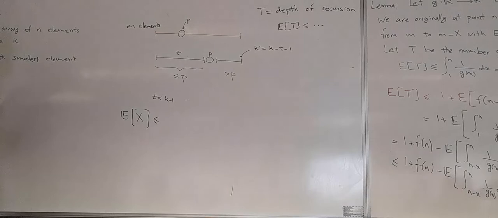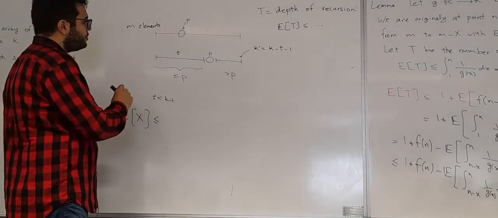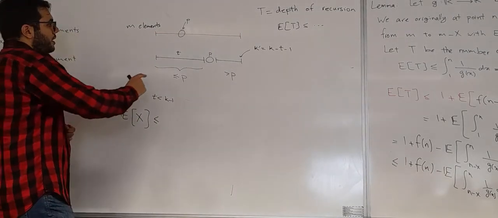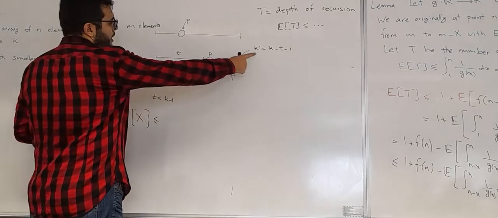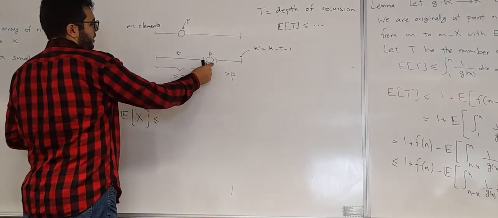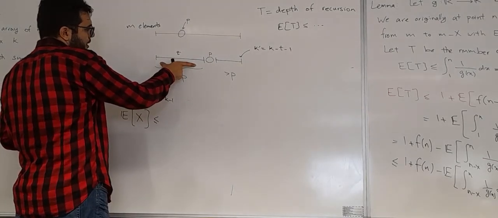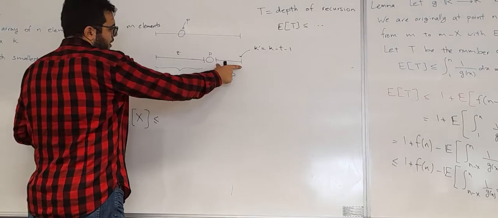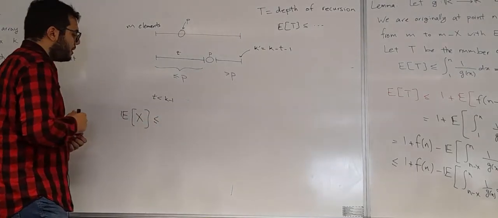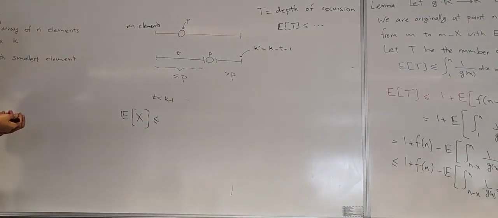Now, if the pivot that I choose is in a position that is larger than k, then I have to look behind the pivot. Otherwise, I have to look after the pivot. But I just want to find a bound. So we can go back to the idea that some pivots were good for quicksort and some pivots were bad.